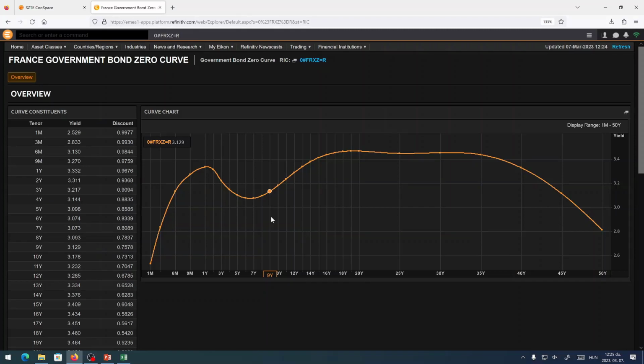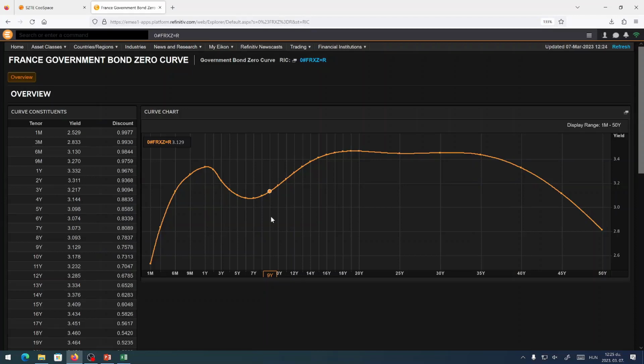So after 14 years, it's reaching 3.4%, and then after 35 years, this is going down to 2.8. So we can say that this curvy thing also responds to inflation.